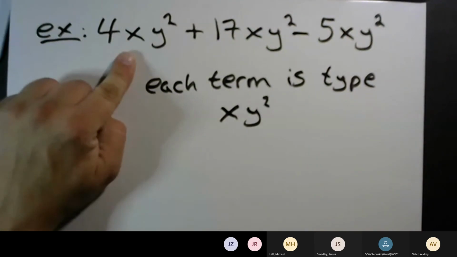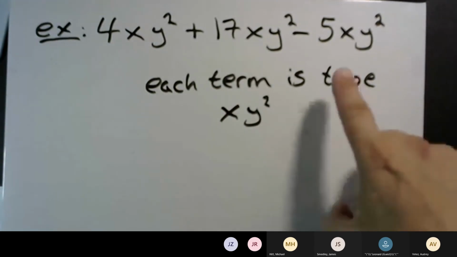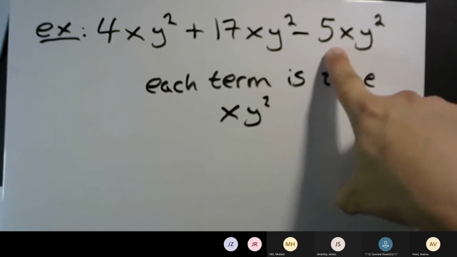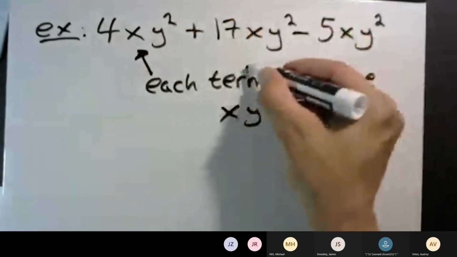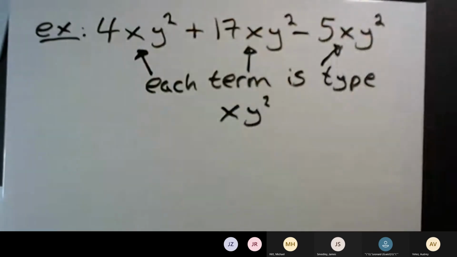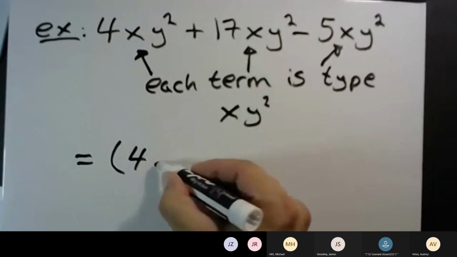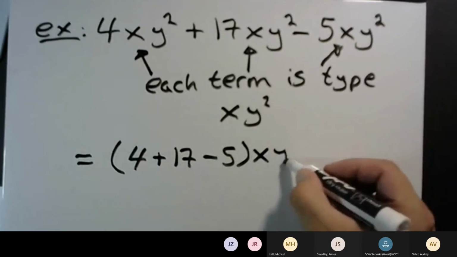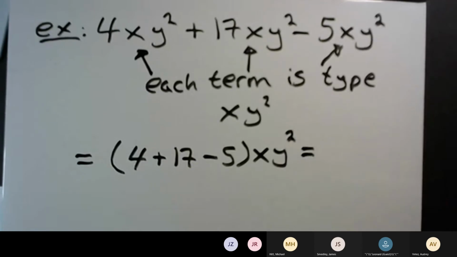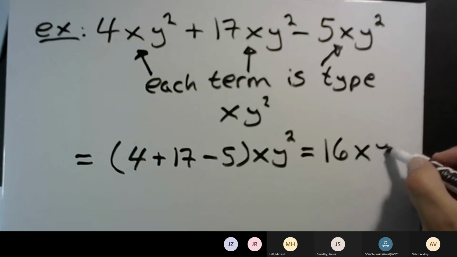So you have 4 xy squareds. We have another 17 xy squareds. And I guess we're going to let our friend borrow 5 xy squareds, so we're going to lose some here. But each of these terms is of the same type. So we can combine like terms using that rule where we just combine the coefficients. And so that's going to be 16xy squared.